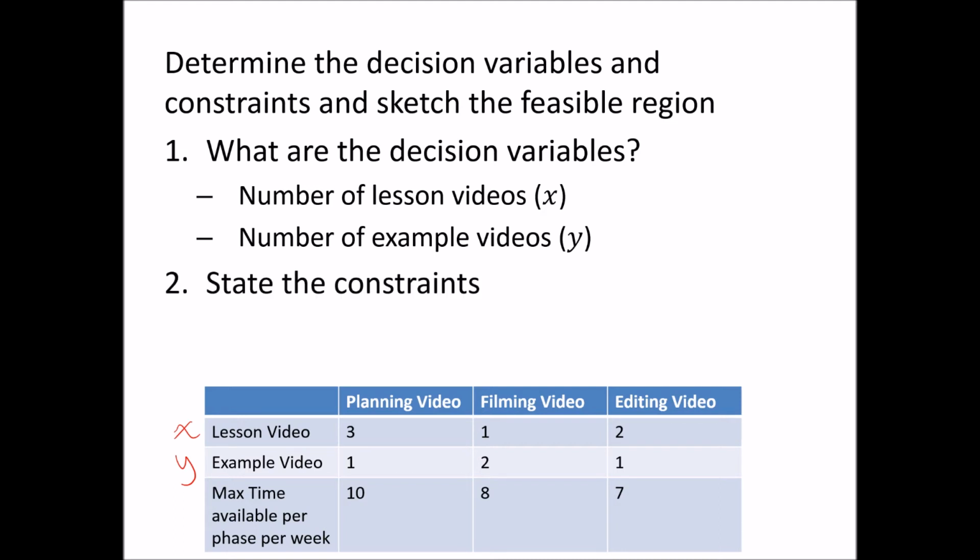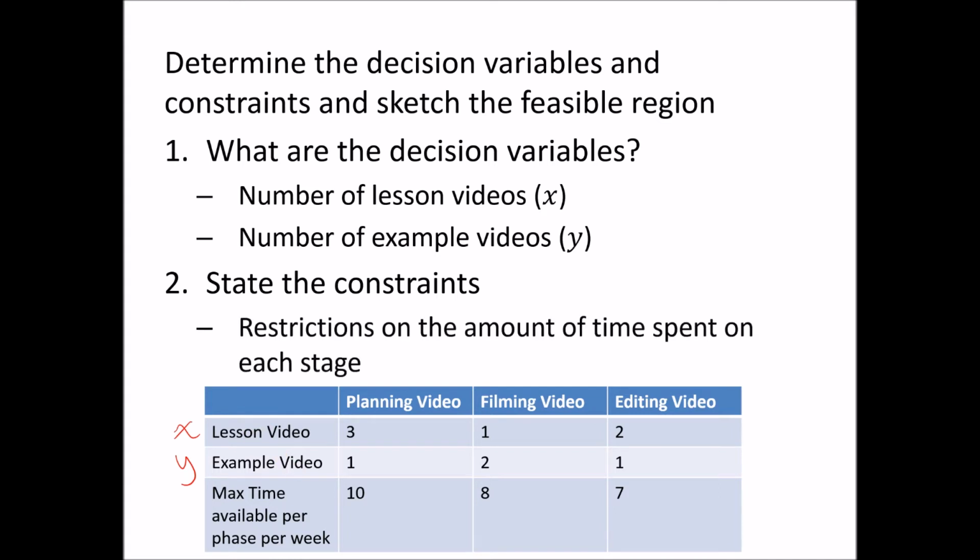Second step is to state the constraints. So what are the restrictions on the number of videos that I can make? Those restrictions, because we've got information about the amount of time, that's the amount of time spent on each stage. So I know for planning, I have to spend less than or equal to 10 hours, for filming 8, and for editing 7.